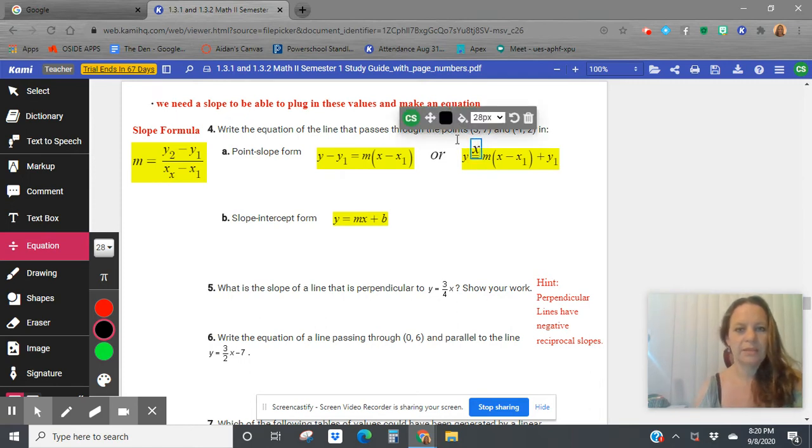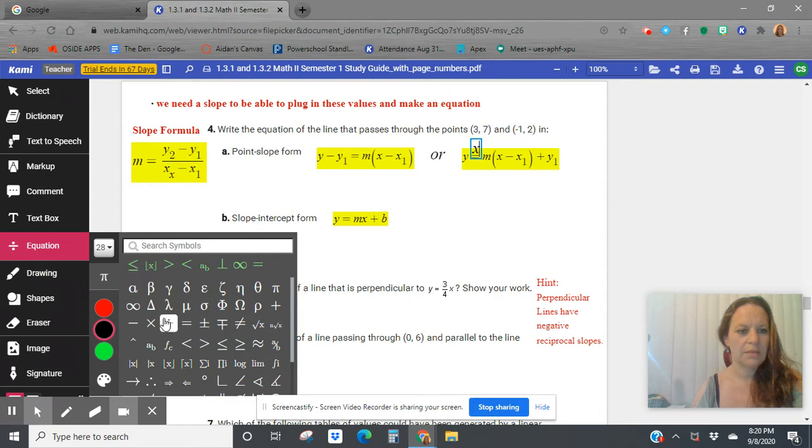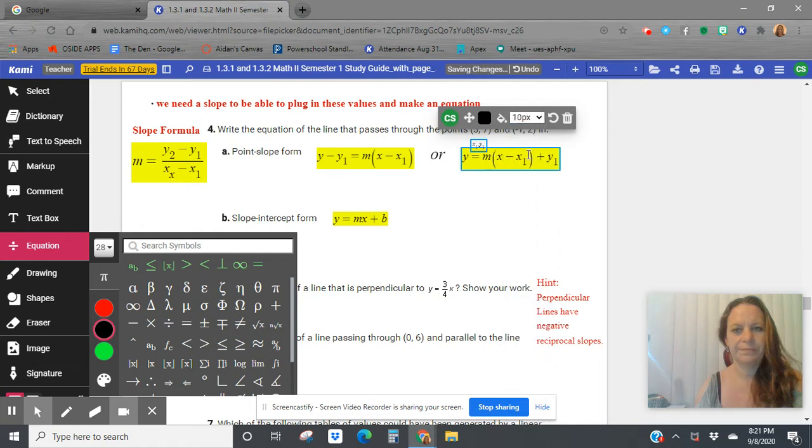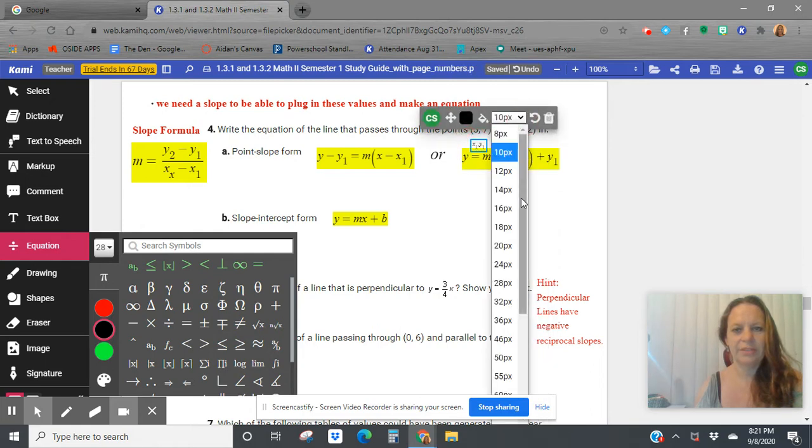So x sub 1, comma, y sub 1. Oh, way too tiny.